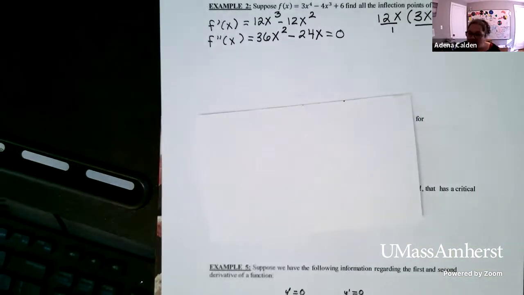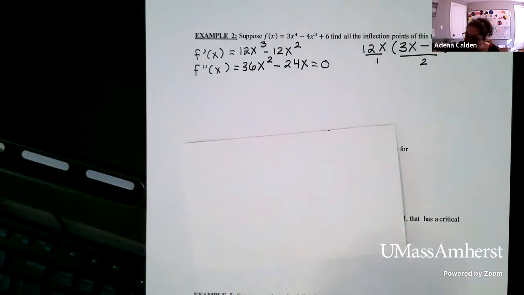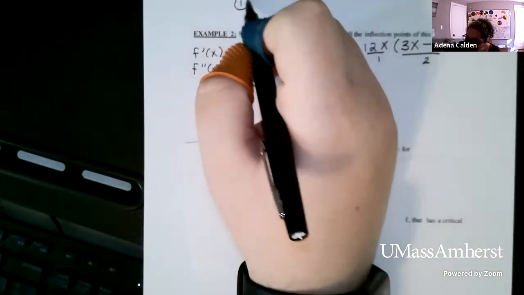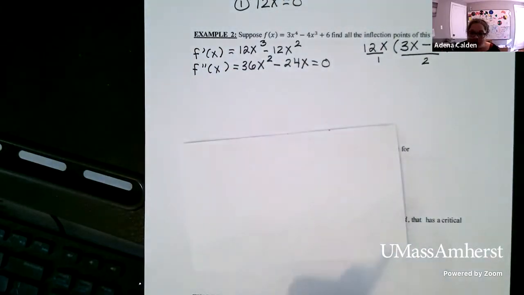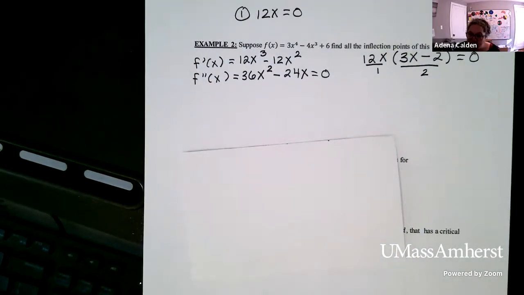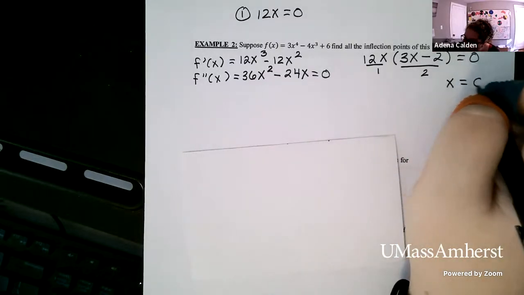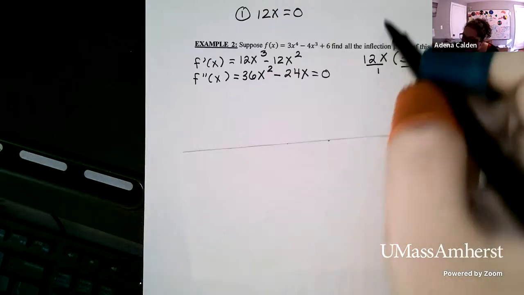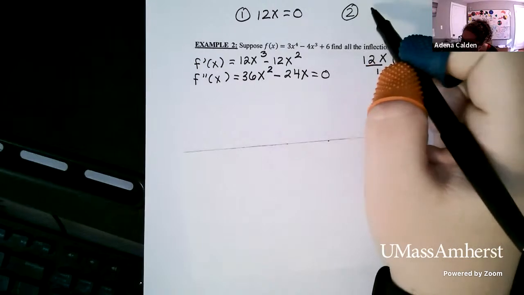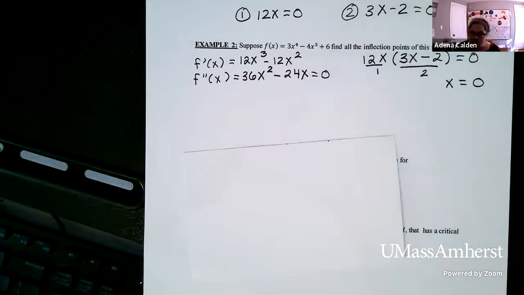And I want to know, when does this equal 0? So I set each factor equal to 0. So for the first factor, I would have 12x equals 0. If I have 12x equals 0, that gives me x equals 0 as the only possible solution. For my second factor, I have 3x minus 2 equals 0.